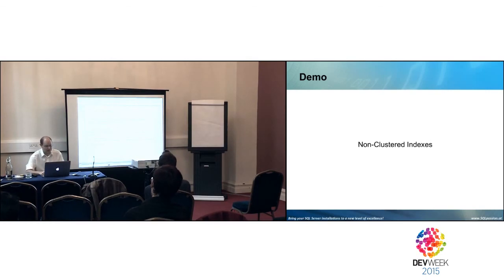In the next step, I create a non-clustered index on the column customer name. So imagine we have some queries where we're restricting on a specific customer name. In that case, SQL Server can use that non-clustered index. That non-clustered index now has the customer ID, our clustered key column, as a logical pointer in the leaf level.